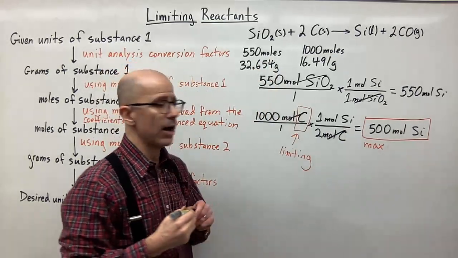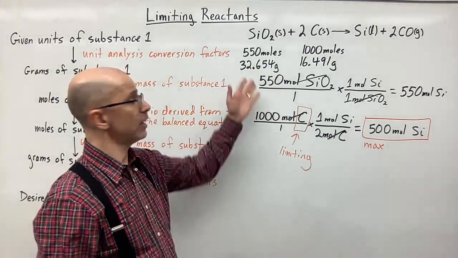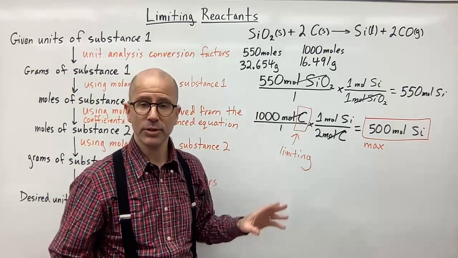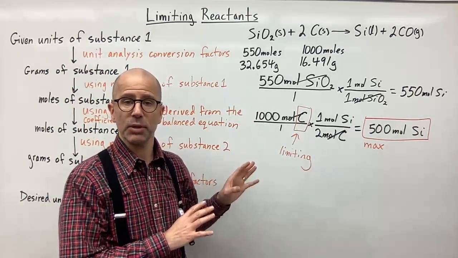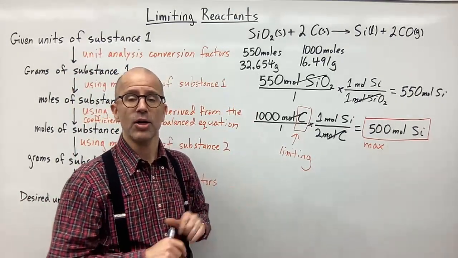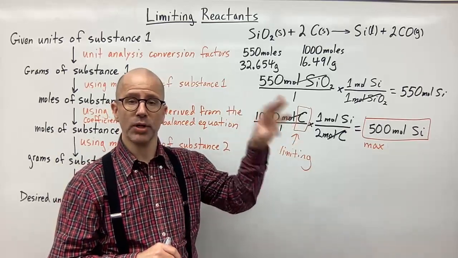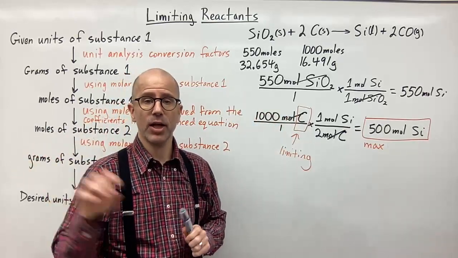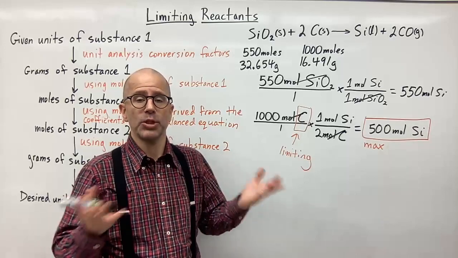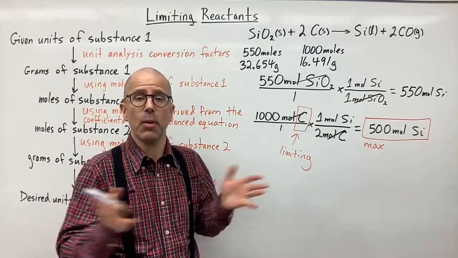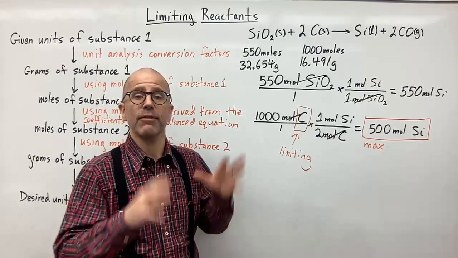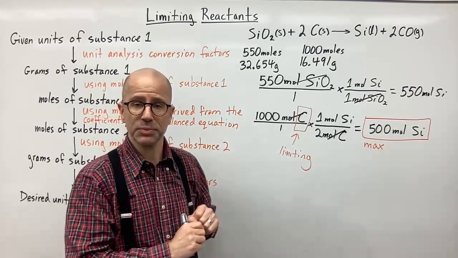Okay, so now instead of moles, we're given gram amounts. So this is typically what you're going to be given in this sort of problem. You're given a gram amount of one reactant, a gram amount of another reactant, and you're asked, how much product is produced? What's the maximum amount of product you can get from this reaction?